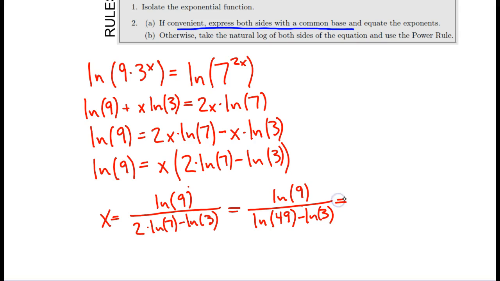And if I want, I can rewrite the ln of 49 minus ln of 3 as the ln of 49 divided by 3. And that is a completely simplified answer. WebAssign should accept any one of those three forms.